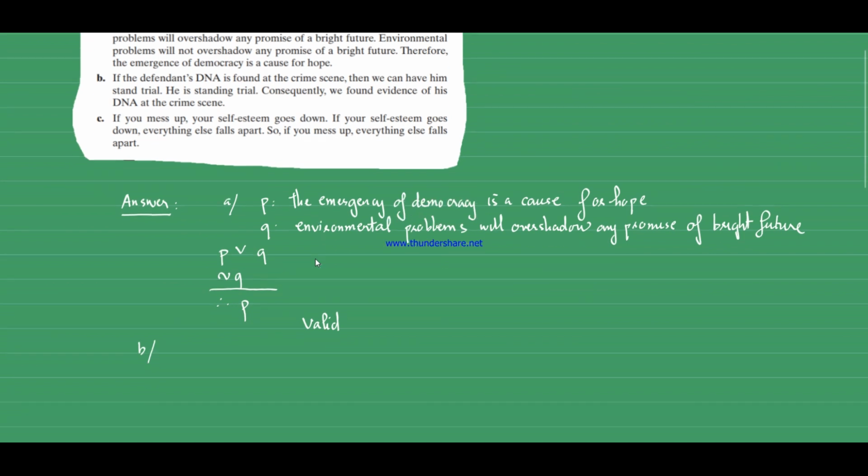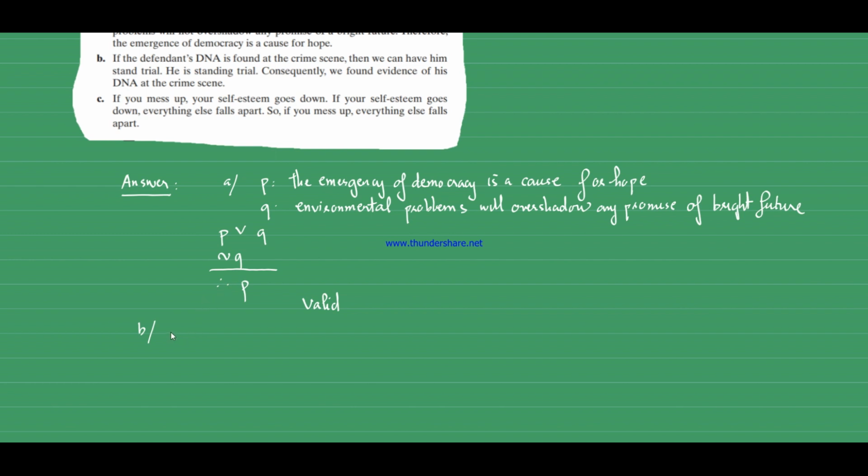He stands trial. So P is the defendant's DNA is found at the crime scene, and Q is we have him stand trial.